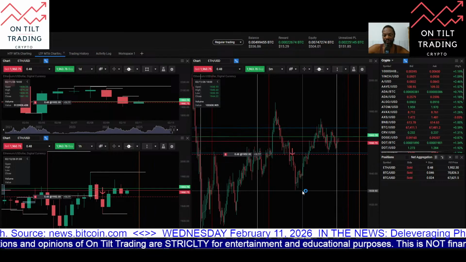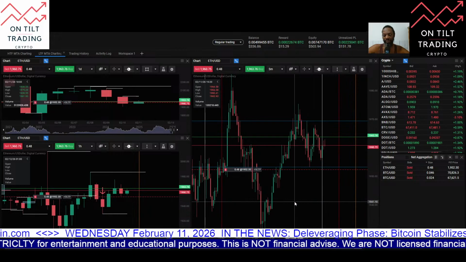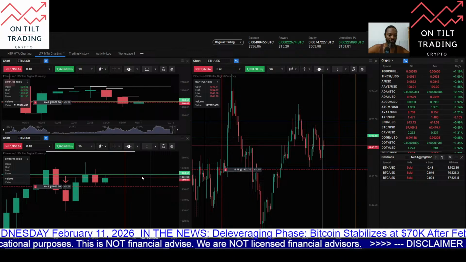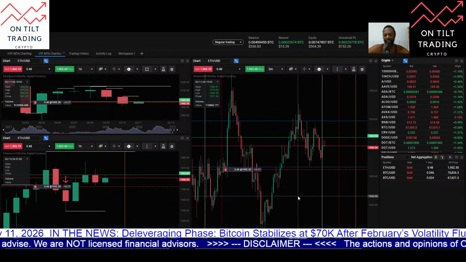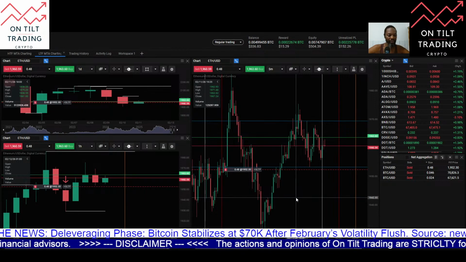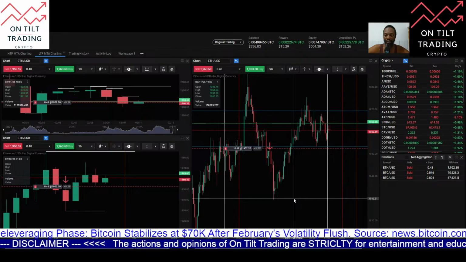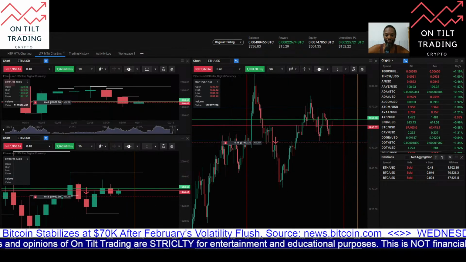About 46 minutes remaining in the kill zone. So we'll see how the remaining Asian kill zone plays out, and the Asian session trading into the London session. And if all goes well, price will deliver to target on both of these positions.